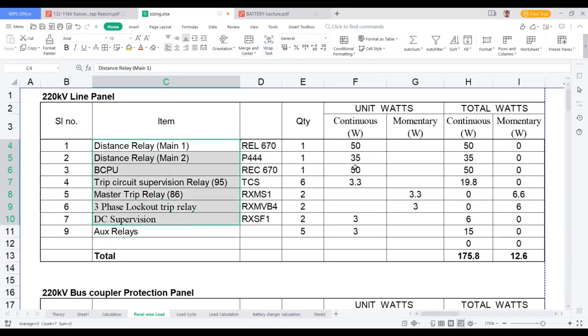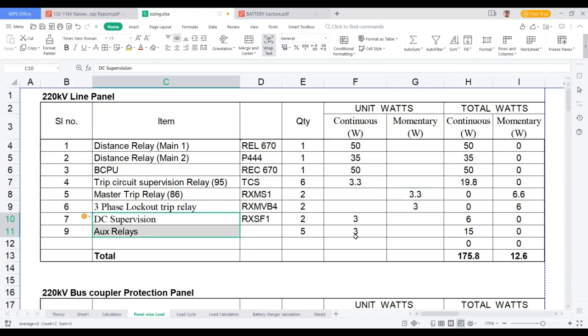For these relays, the first 4 relays require a continuous supply. And when a fault occurs, the master trip relay and local trip relay will operate. So you can see these are the momentary or intermittent loads, which are there only for less than 1 minute.